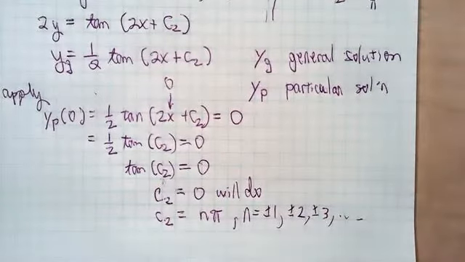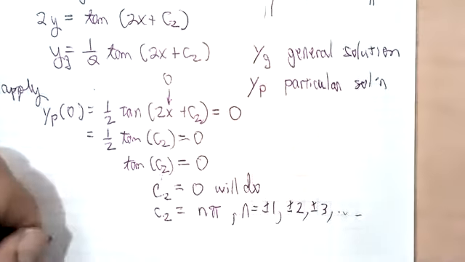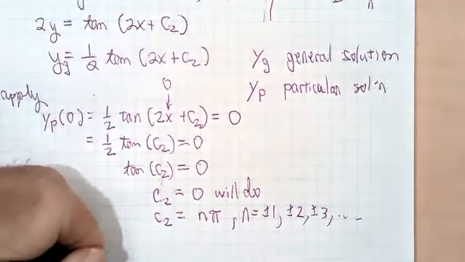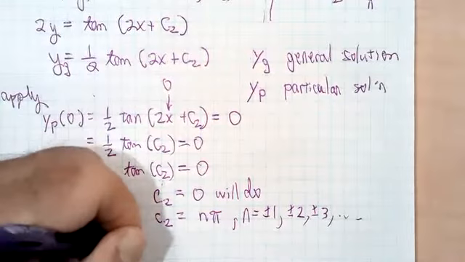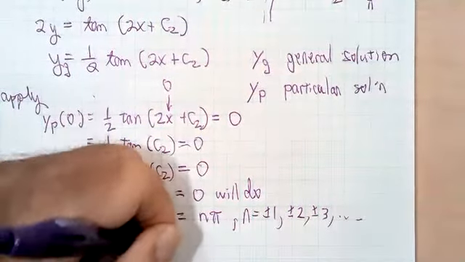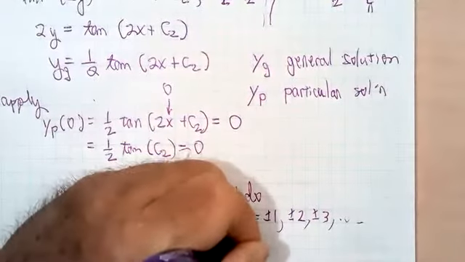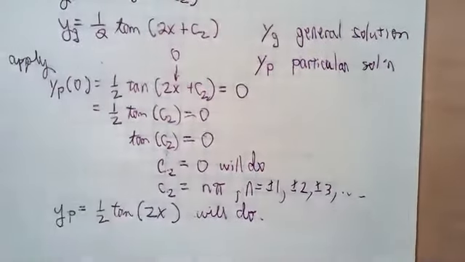So we didn't actually get down to a single solution here, but yp equals 1/2 tan 2x will do. That's what I'll say. I'll just leave it at that.